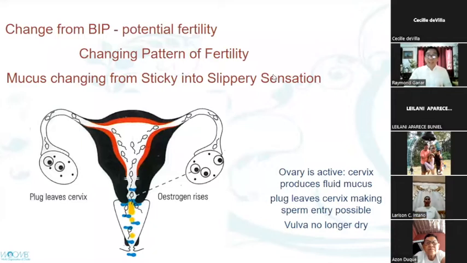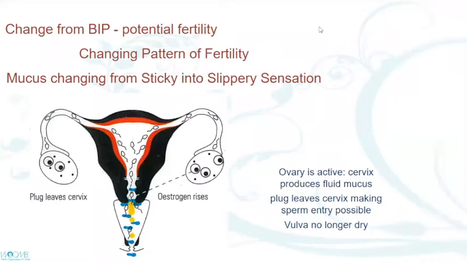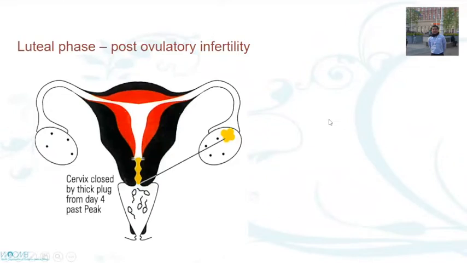Mucus must end with a slippery sensation in order for us to know that the egg is already mature and any moment there will be an ovulation. Clear? Okay, now what happens next after ovulation?